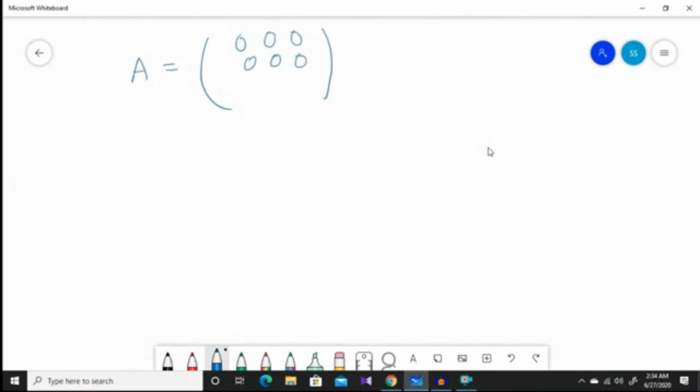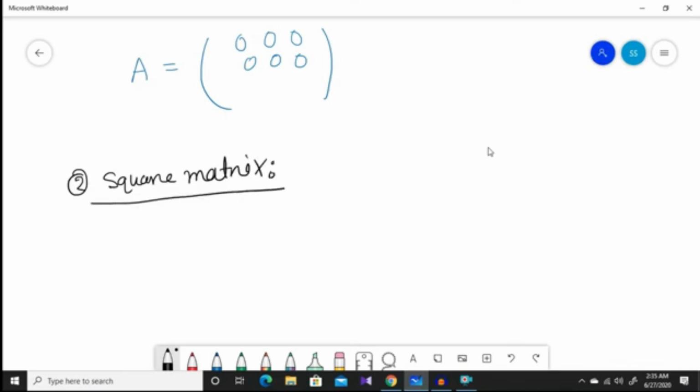Now let's take a look at another example of another special matrix, and it is called a square matrix. This is our second example of a special matrix. Square matrix. So in general, a matrix can have order of m cross n, right?